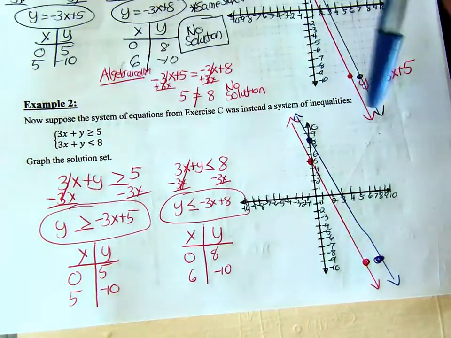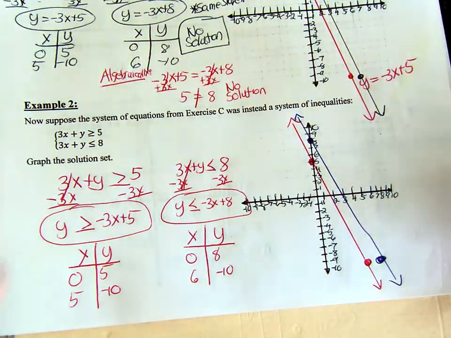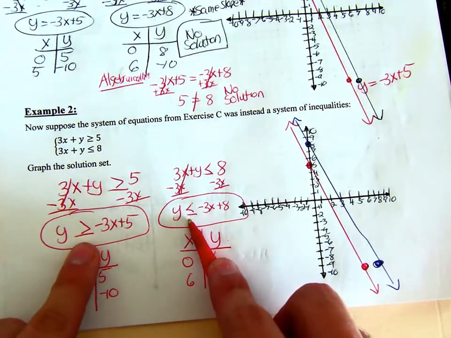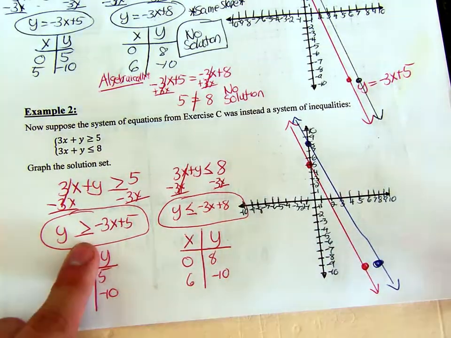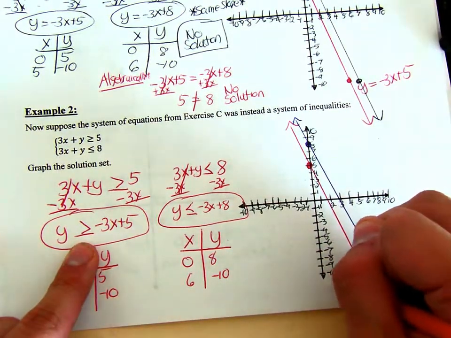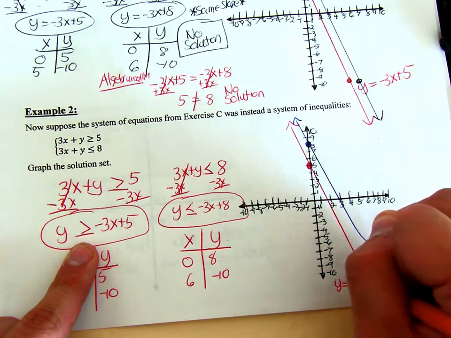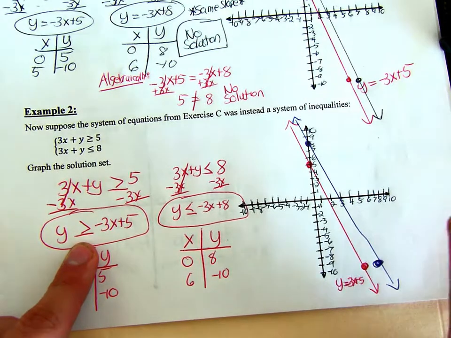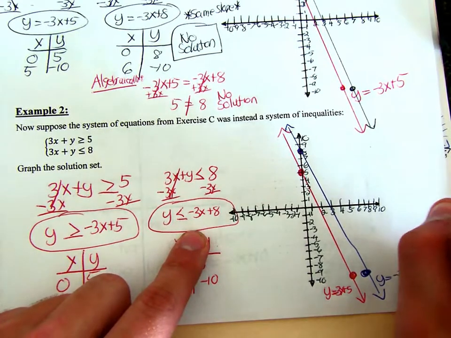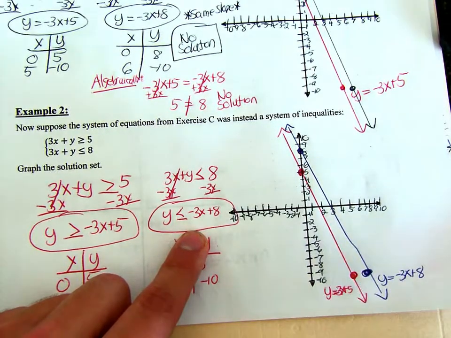Okay. And now what I'm going to do is I'm going to do my shading. So I know that both of these are going to have a solid line because they both have equality again. But here, let's look at this first one. This red one is the line y is equal to negative 3x plus 5. And this blue line is y is equal to negative 3x plus 8.